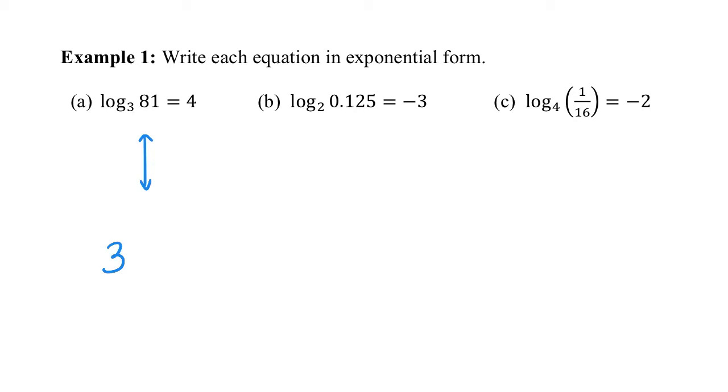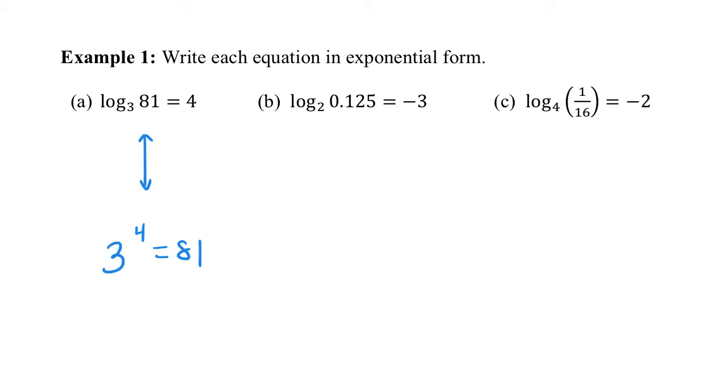The base of 3 becomes the base of the exponent. Then I have an exponent here and a number over here. The exponent and the number are just going to be the reverse of these two, aren't they? Flip them around. So what goes in the exponent in this case? Helen? 4. And what goes as an answer? 81. Yeah, and tell me, please, isn't that correct? 3 to the 4th is indeed 81.